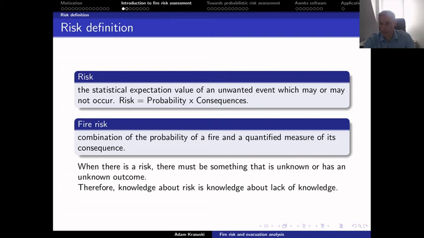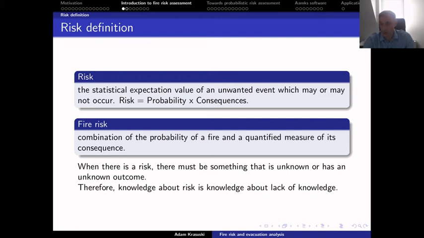We also have a definition of fire risk defined by the ISO standard: fire risk is the combination of the probability of a fire and a quantified measure of its consequences. So in order to calculate fire risk, we have to have the probability of some consequences, and the consequences should be quantified, presented in some measurable values.